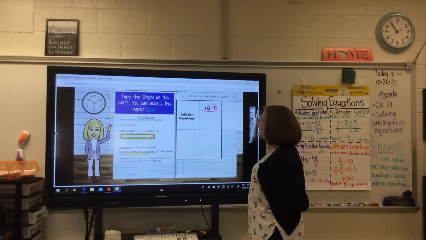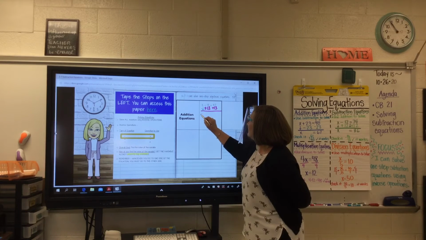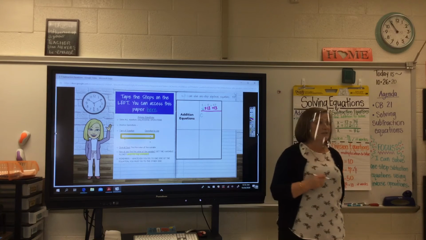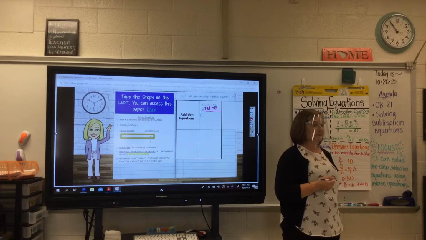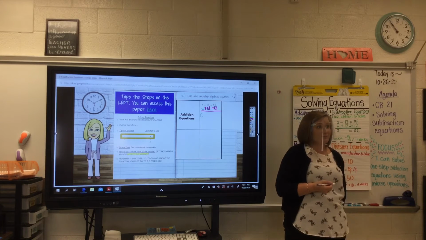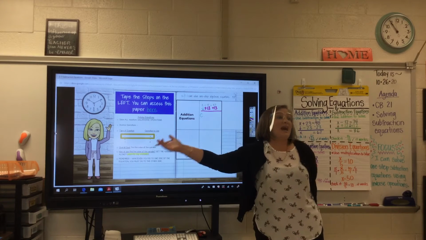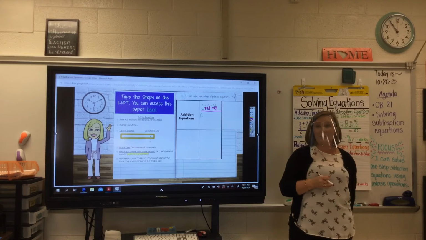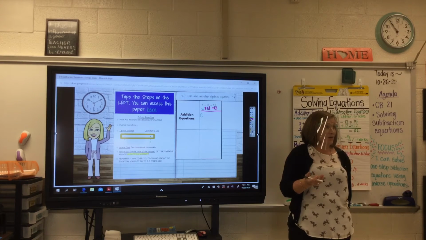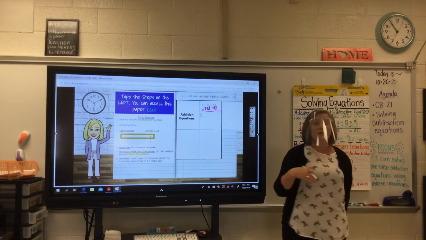Did we do anything to the C? No. So what am I going to do? Bring it down. Minus 13 plus 13 does what? If I'm at negative 13 and I add 13 back, I'm going to be at 0.